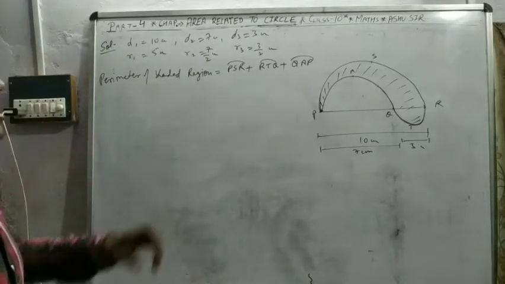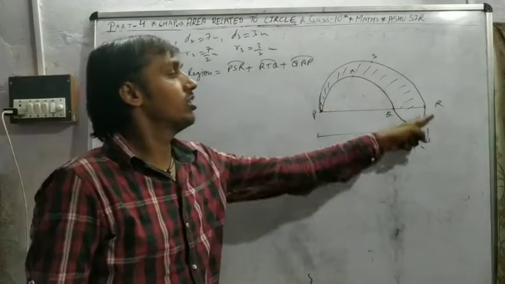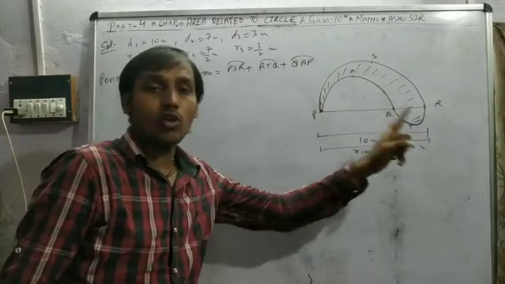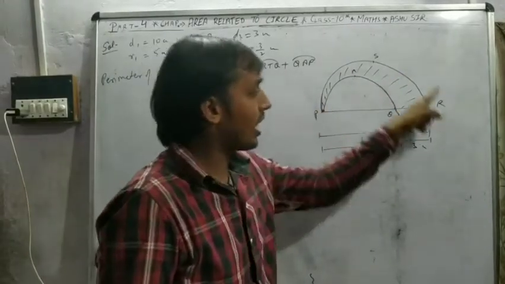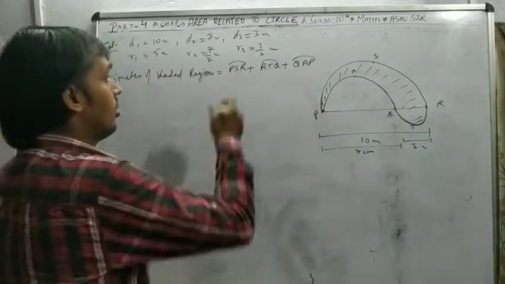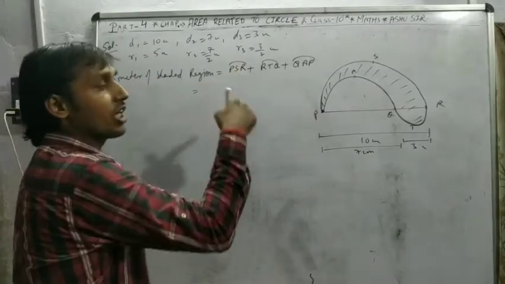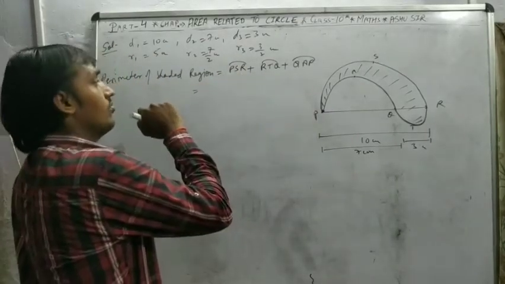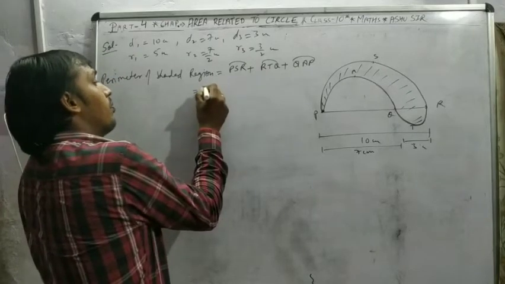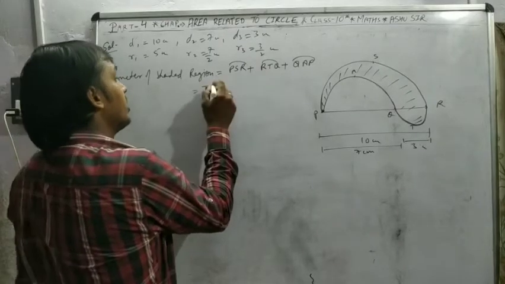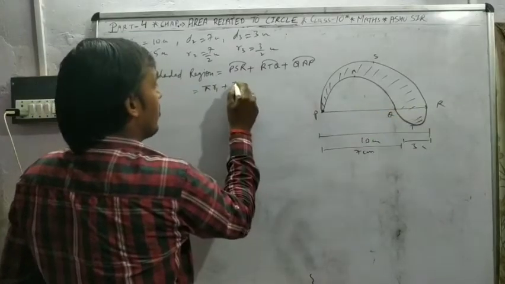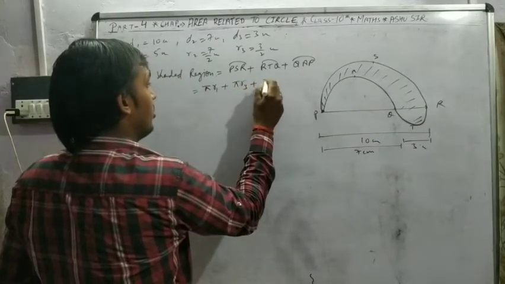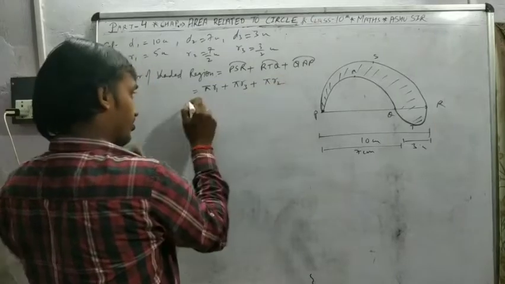If you find the sum of these 3 arcs, you get the perimeter of the shaded region. Perimeter means closed: we start from P and again come back to P. PSR is the semicircle of the big diameter, so pi R1, pi R3, pi R2.